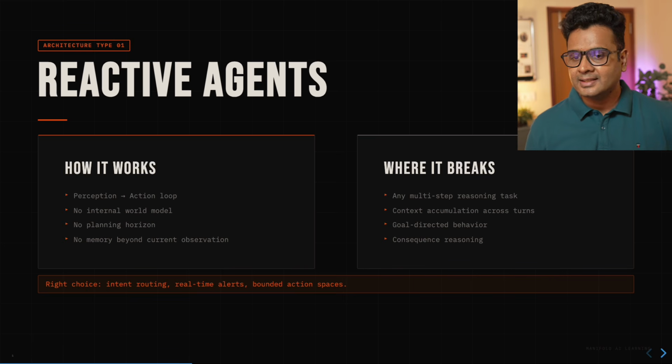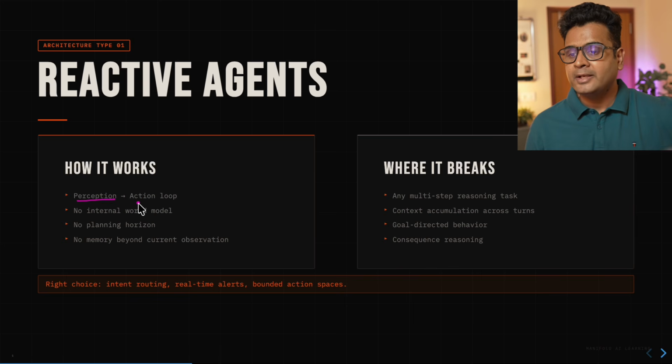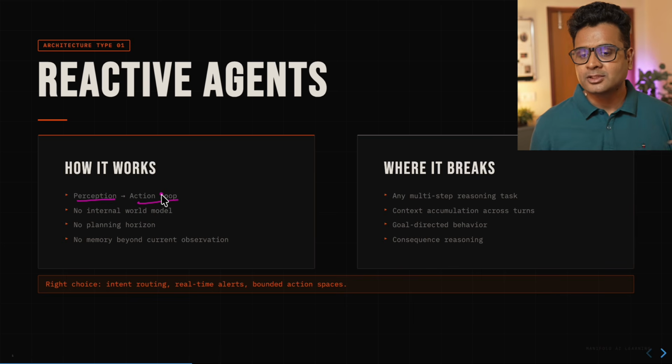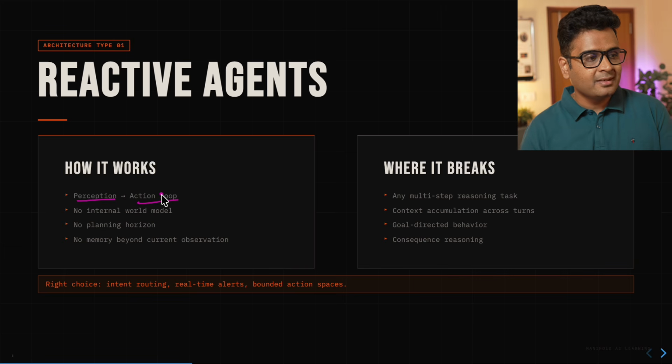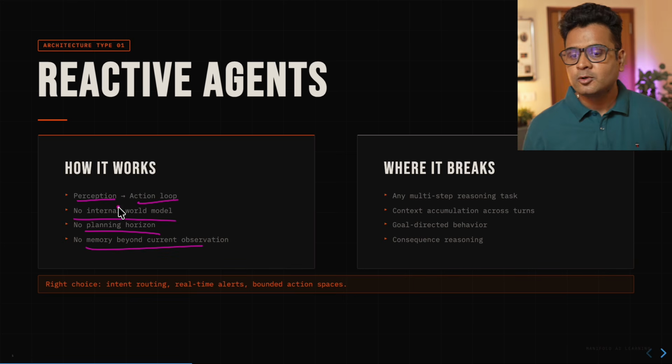There's no internal state beyond what is in the immediate observation. The agent sees an input, maps it to an action, and executes the action. That's it. There's no memory involved, there's no planning horizon.